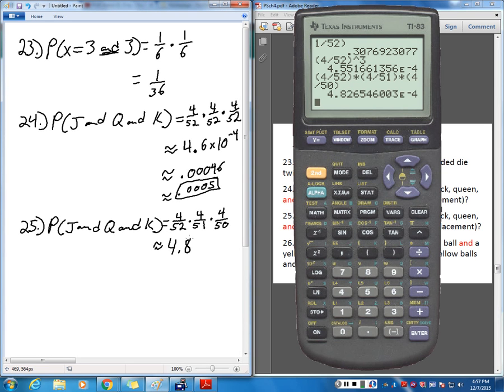I get 4.8 times 10 to the negative 4th, which is a little bit bigger than the answer in number 24. So not putting the cards back helps your chances. When I move the decimal over, I still get 0.0005, which is extremely rare. Those are my probabilities.